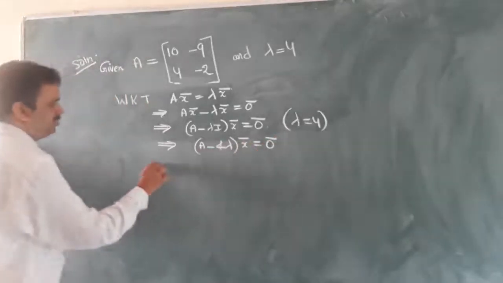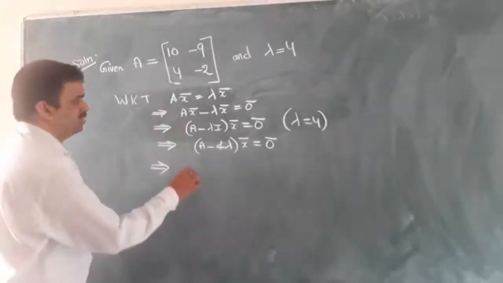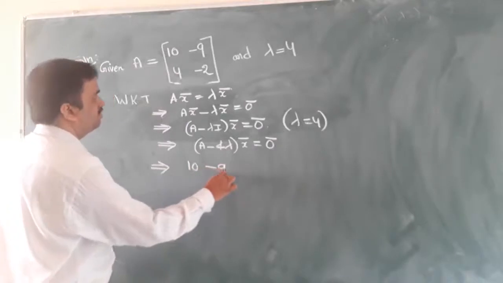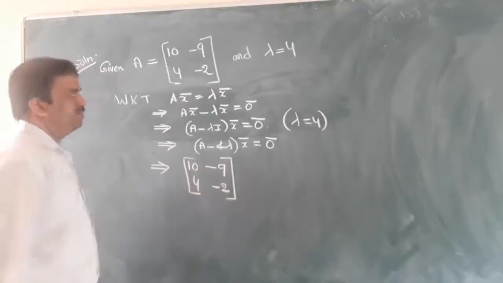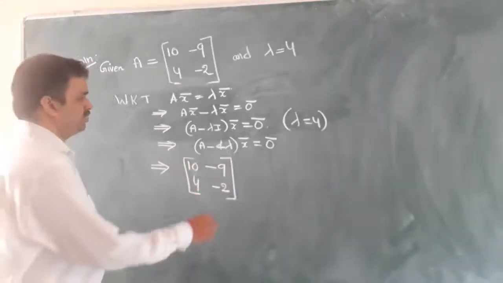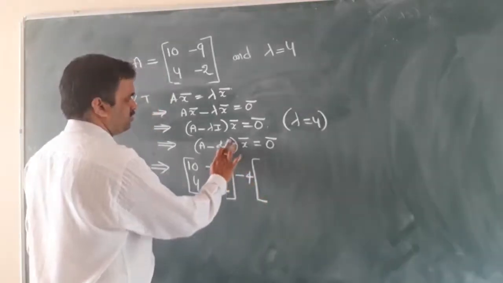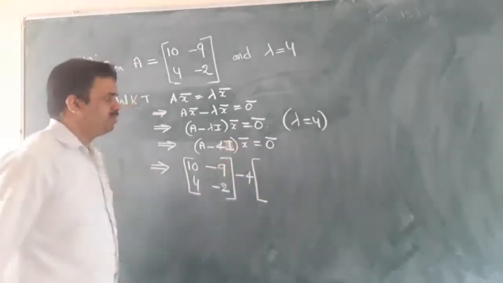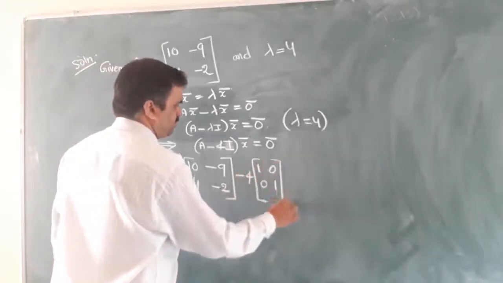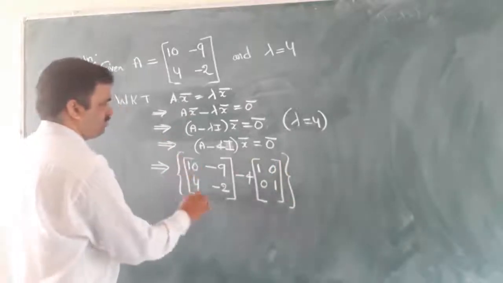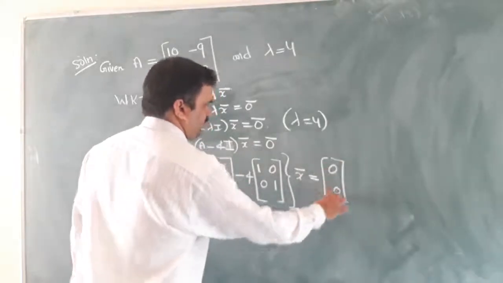Come on, substitute the values. Already we have matrix A. Come on, write the matrix: [10 -9; 4 -2] minus 4 times the identity matrix [1 0; 0 1], times x bar equal to the zero matrix.